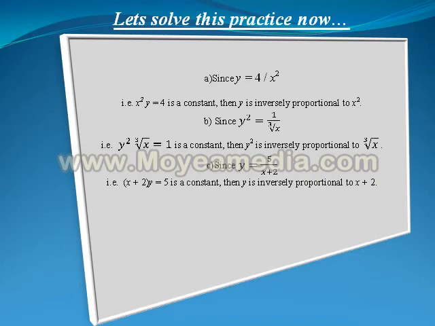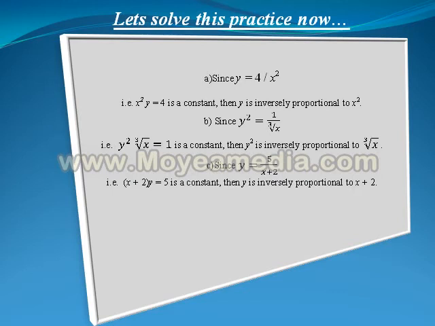The second part says y square is equal to 1 over cube root of x. You could see this 3 is not multiplied. This is basically x raised to power 1 over 3, the cube root. Same way, move the denominator from the right side to the left. You will see y square multiplied by the cube root of x is equal to 1.